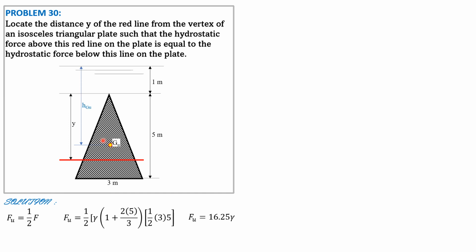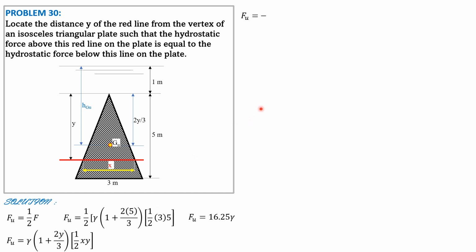That's the centroid. Then the distance to the liquid surface is the distance of the centroid, hGU. So hGU is 1 plus, of course, this distance in terms of y, 2/3 of y. And let's call this dimension x, so that Fu is also specific weight times 1 plus 2/3 of y times 1/2 of x times y, the area.